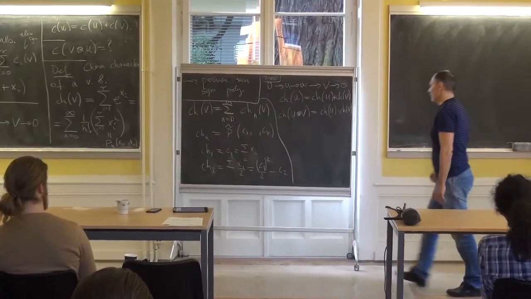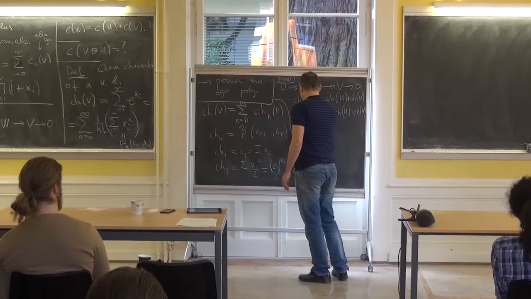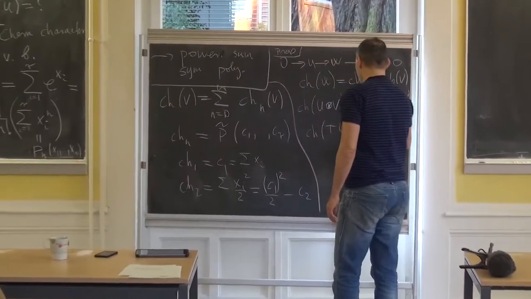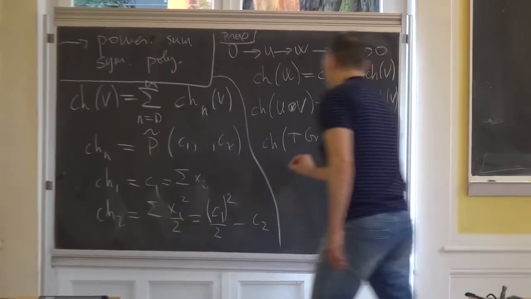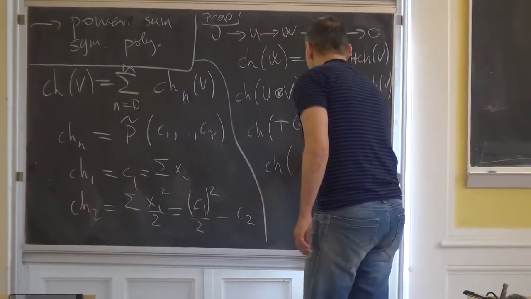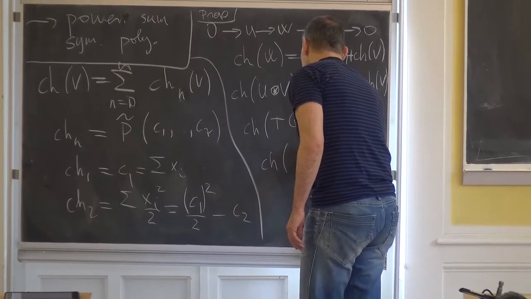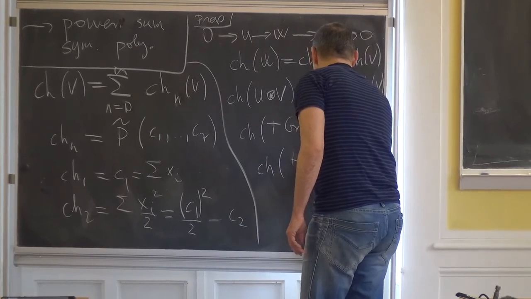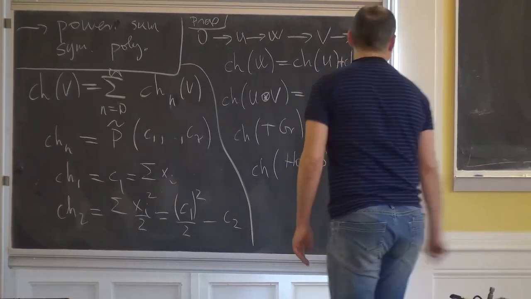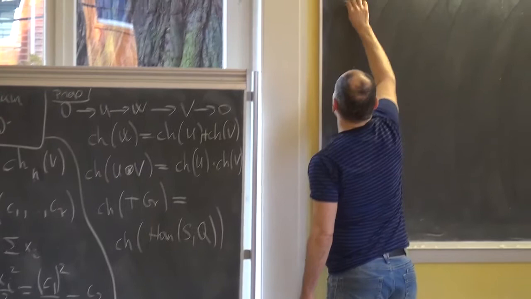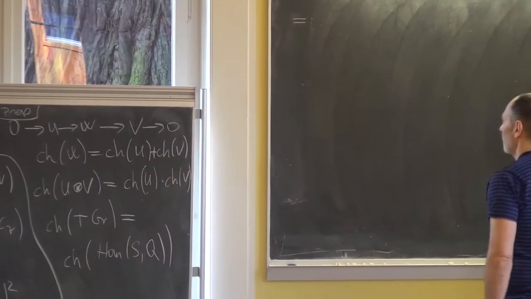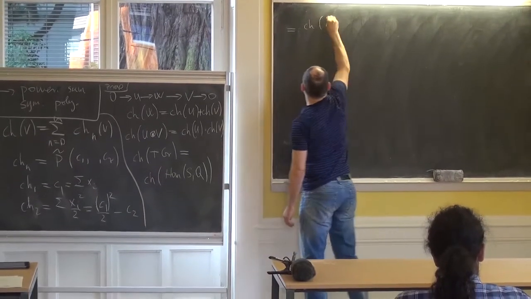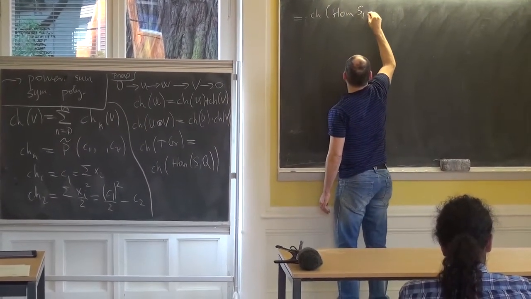And so the Chern character of the tangent bundle of a Grassmannian will be just the Chern character of Hom(S, Q) in the universal sequence.